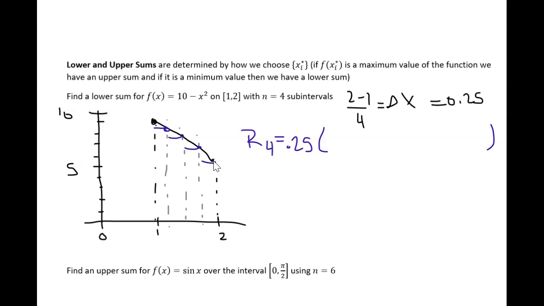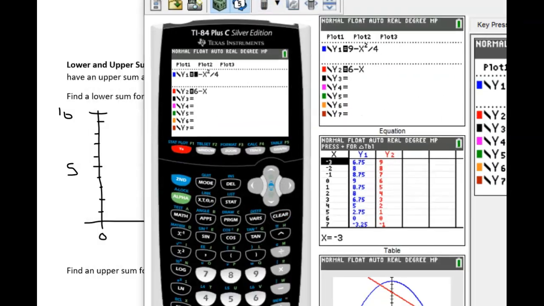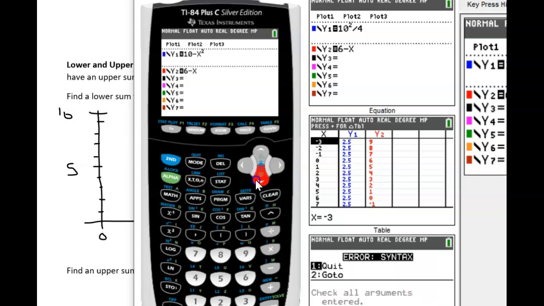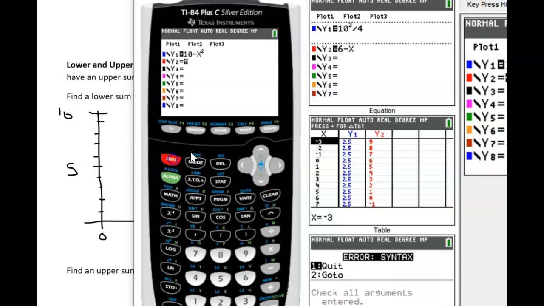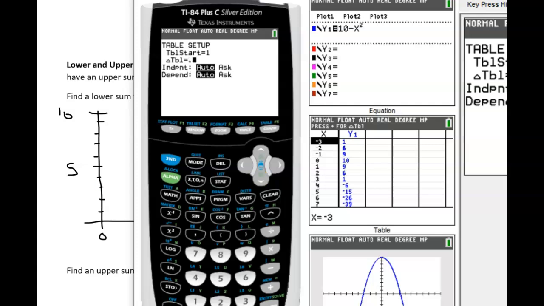So I'm going to build a table with our function, which is 10 minus x squared. Hold on, that did not come out nice. Minus x squared. Clear that out. And then for my table settings, I'm going to start at 1, and I'm going to count by 0.25, which is our delta x.